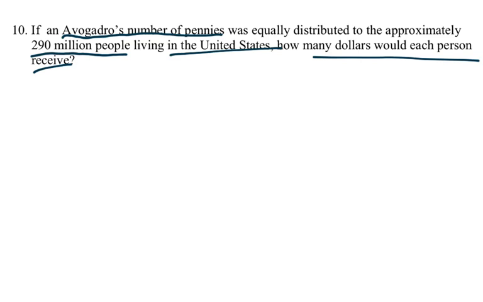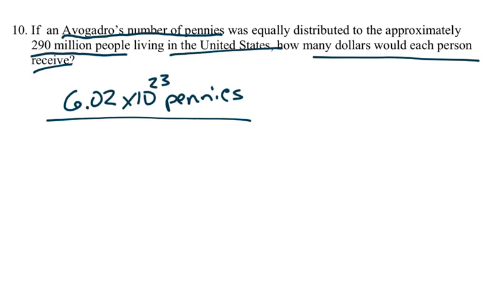They have to somehow take those pennies to the bank, and they have to figure out how many dollars they have. All right. So we have to figure out an Avogadro's number of pennies. So we have 6.02 times 10 to the 23rd pennies. We give that to 290 million people.